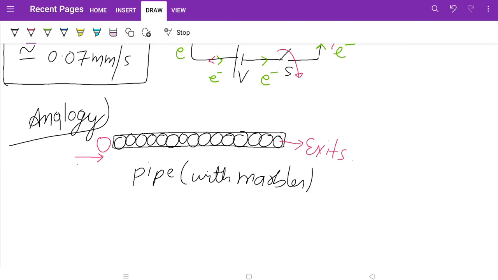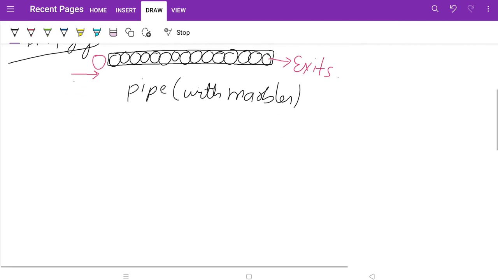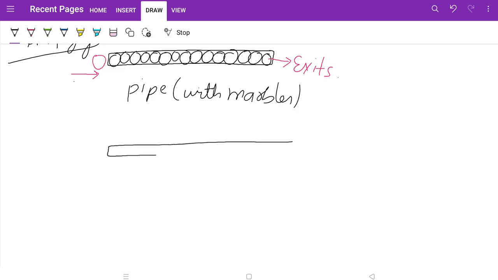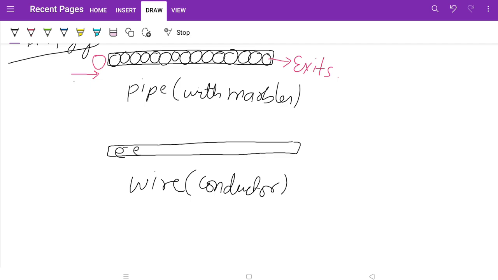Now similarly the same thing goes with the wire. The wire or conductor is filled with electrons here.